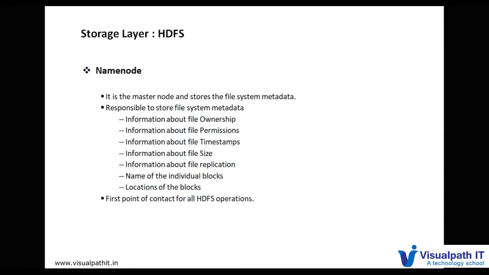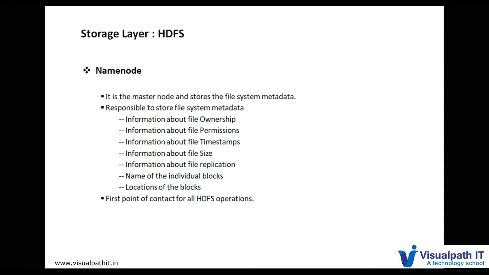In Hadoop, by default the replication factor is 3. It means when you copy a file, the file will be split into blocks, and each block will be replicated in 3 copies by default. That is the default.